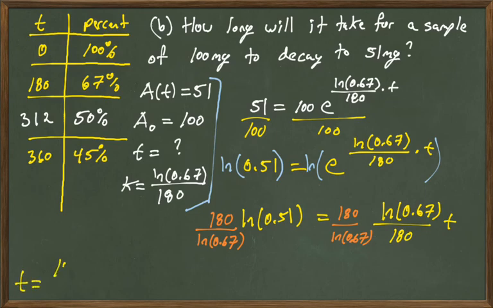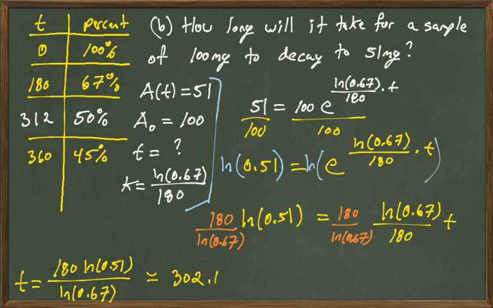We got the time is approximately, exactly it is 180 ln of 0.51 over the ln of 0.67. And now that's approximately 302, about 303 days. Which is pretty close to 312 days, so that seems reasonable.